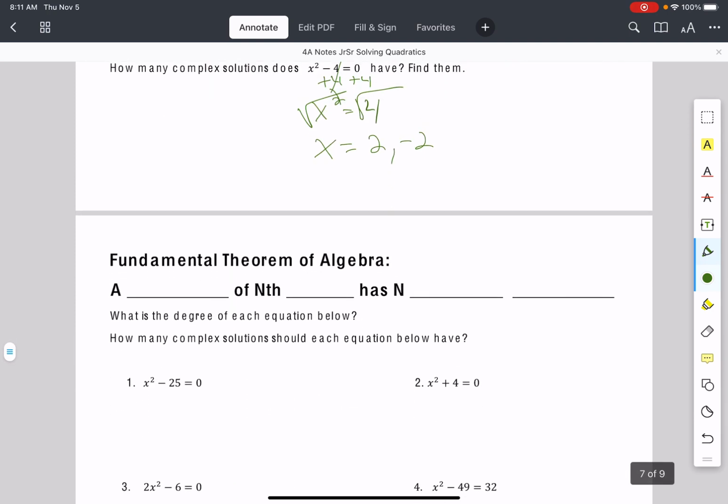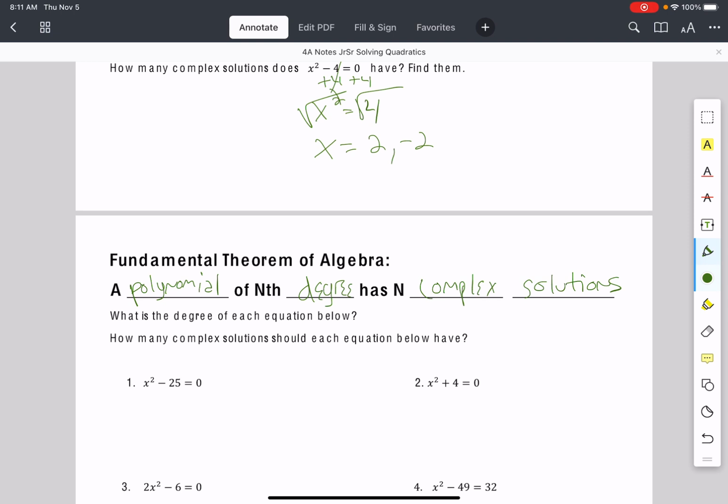A polynomial of nth degree has n complex solutions. Nth degree meaning, like the degree, remember, is the highest exponent. So what this means is that if my polynomial, which is all these things that we're dealing with, has a degree 3, it would have 3 solutions.